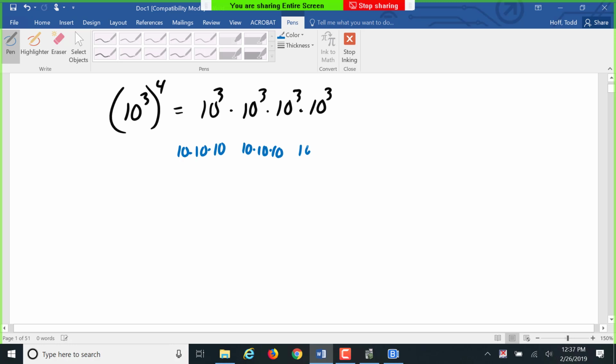How many total tens are we going to end up having here? 12. We've got 3 of them 4 times. In fact, that's exactly what we do is we take 10 to the 3 times 4, gives us 10 to the 12th. So when we have a power of a power like that, we can multiply the powers of the exponent.